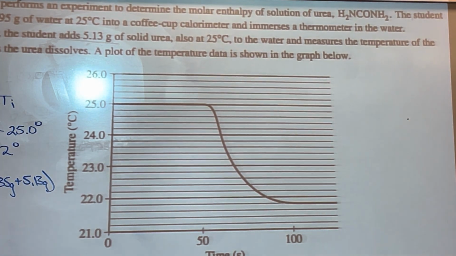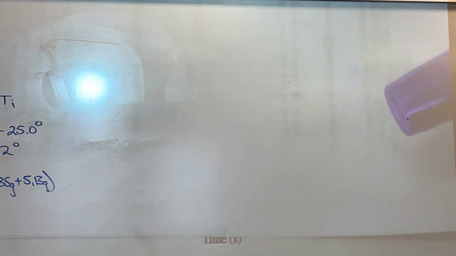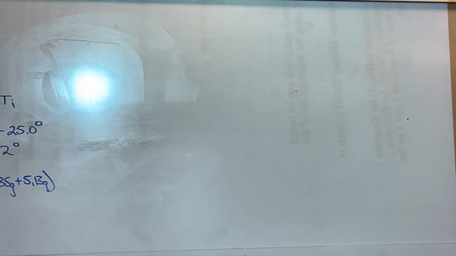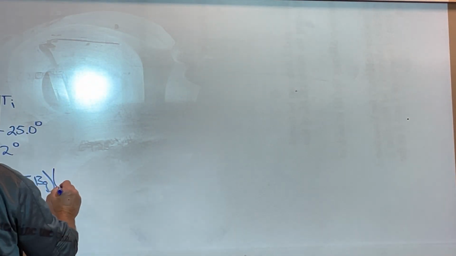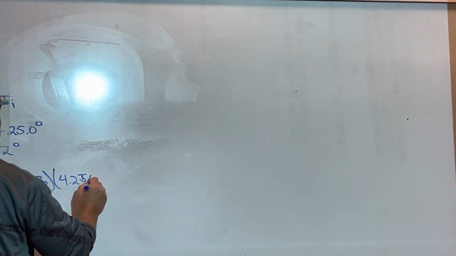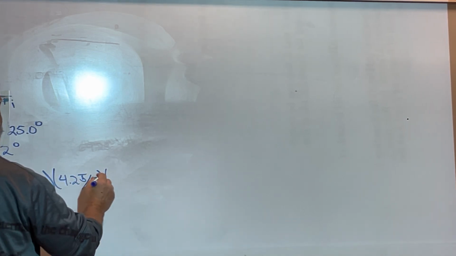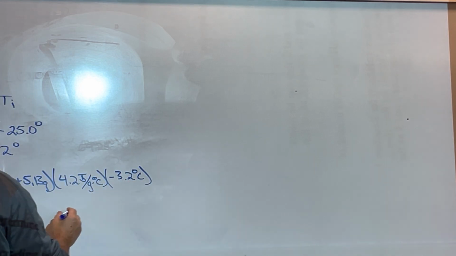Okay? And then times, it tells me that the specific heat is 4.2 joules per gram degrees Celsius, times my change in temperature, negative 3.2 degrees Celsius.